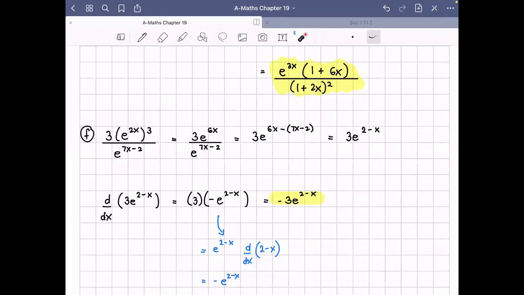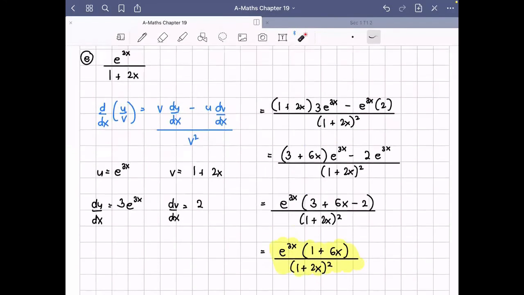What is the main difference? Why we don't have to apply quotient rule here? Because, look, we have similar terms here. We have e and e. So we can just put this on top and then change everything here with negative, right?